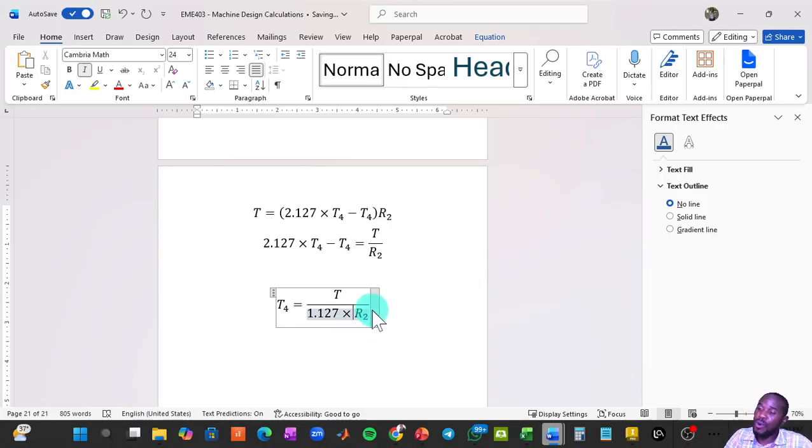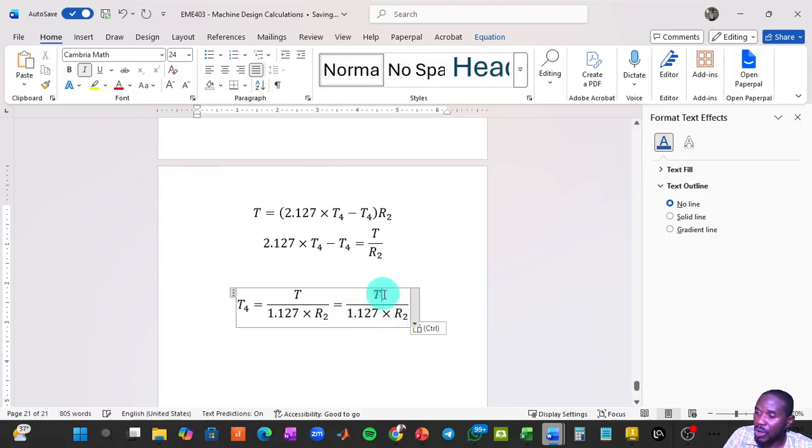So that's what T4 will be. If we put in the values of the torque that we found, the torque was 357.6 Newton meters divided by R2.